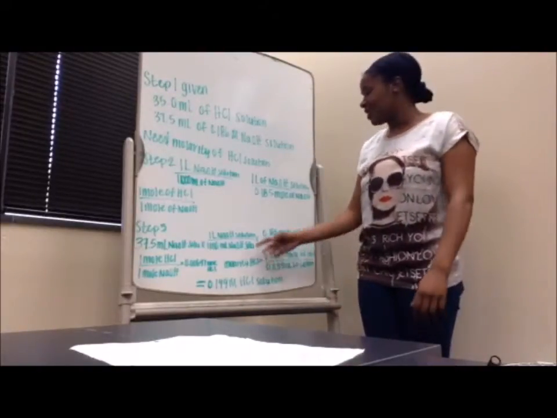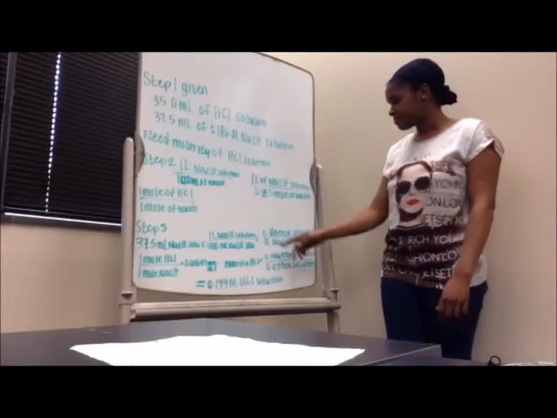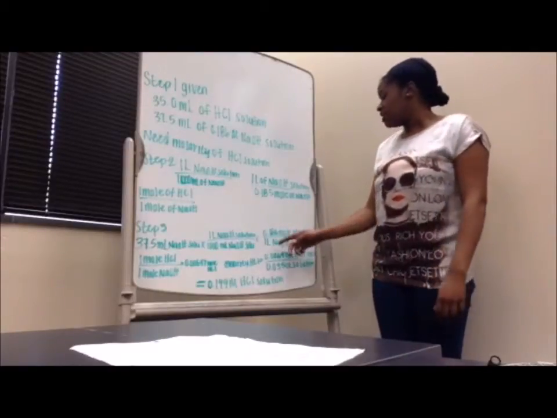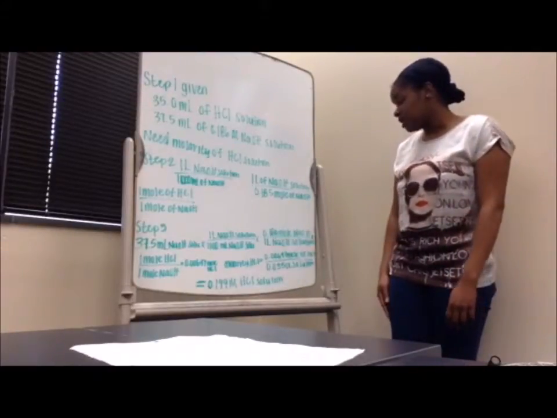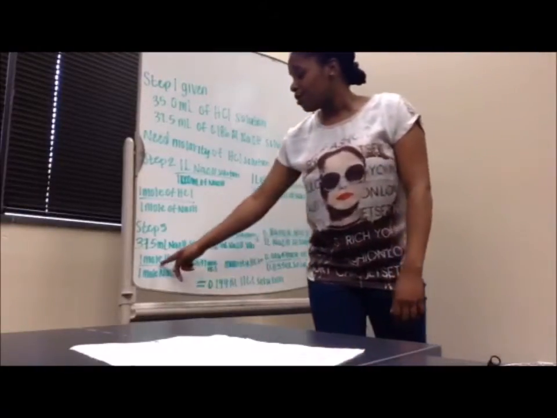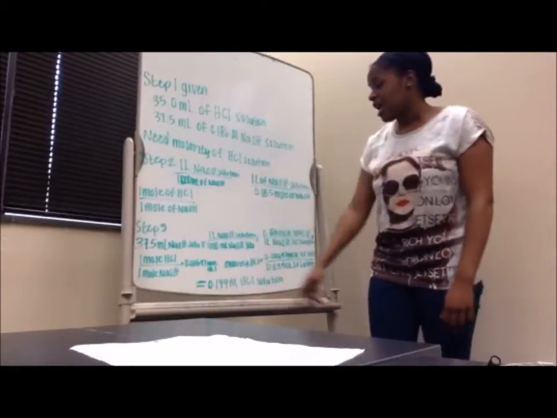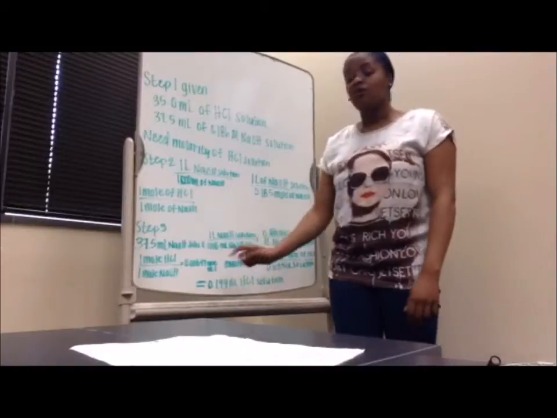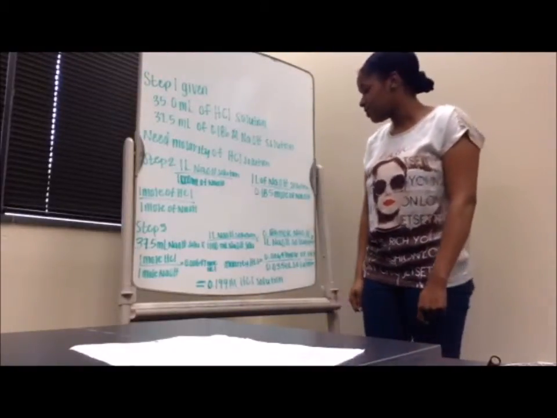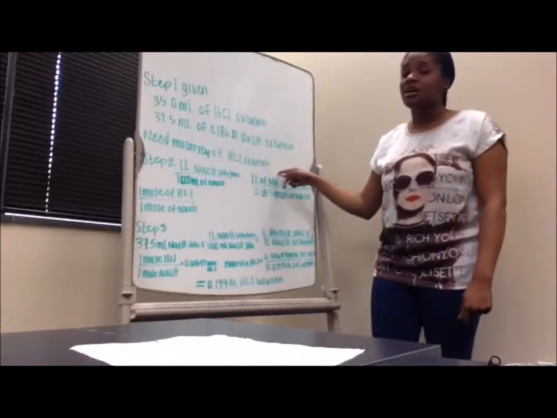You would multiply that by 0.186 mole of NaOH over 1 liter of NaOH solution, and you will multiply that by 1 mole of HCl over 1 mole of NaOH, and that would come out to be 0.00697 moles of HCl. Your next step would be to find the molarity of HCl solution.